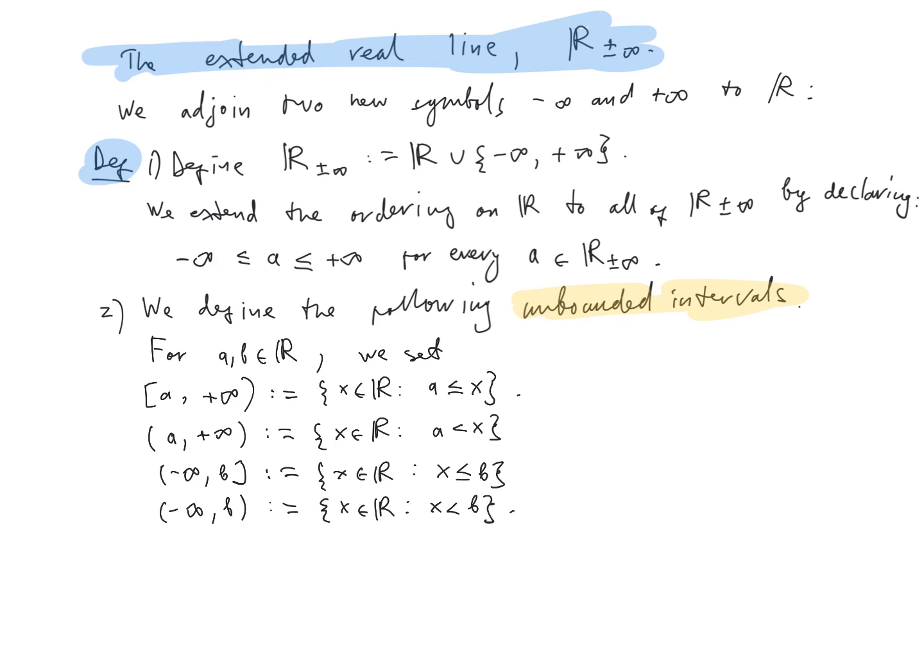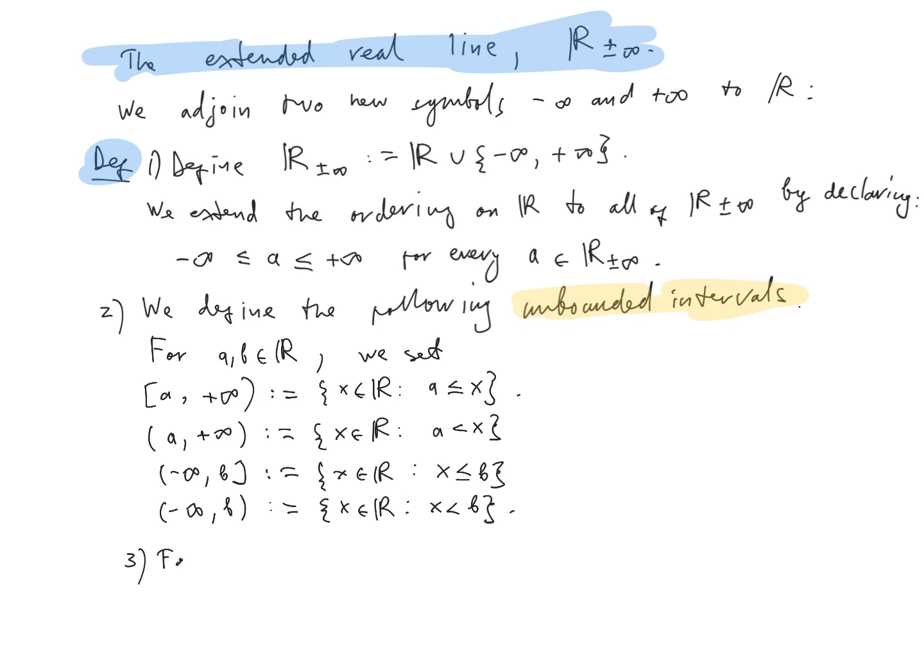So this is just new notation which is convenient to represent these sets for the sake of brevity. Now also, along with using the symbols plus and minus infinity in order to define the corresponding intervals, we extend the meaning of the infimum and the supremum to this new context.